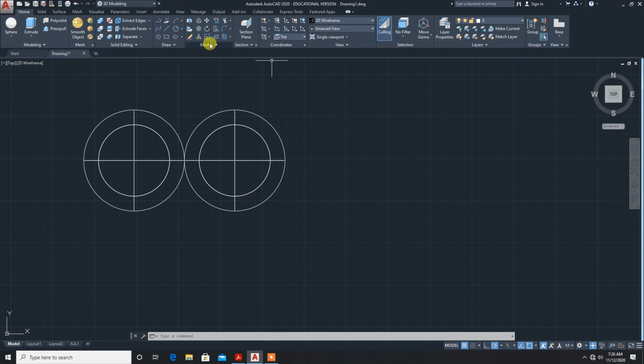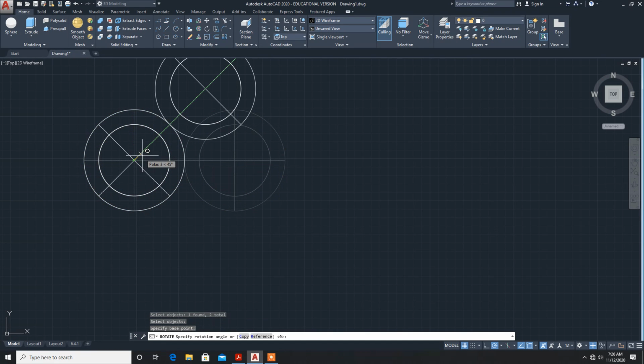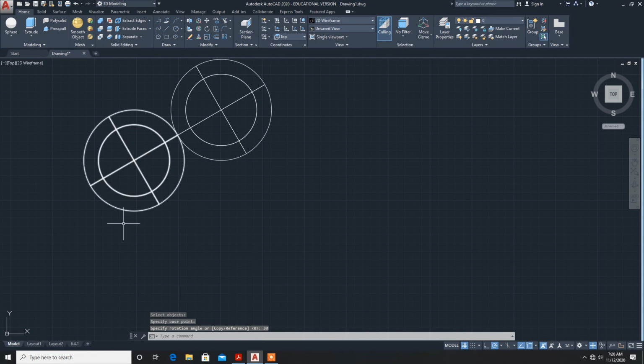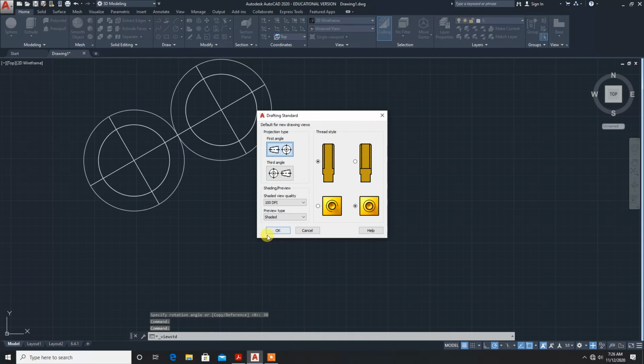So rotate, first and second, okay, enter. Base point, rotation angle 30 degrees, over.